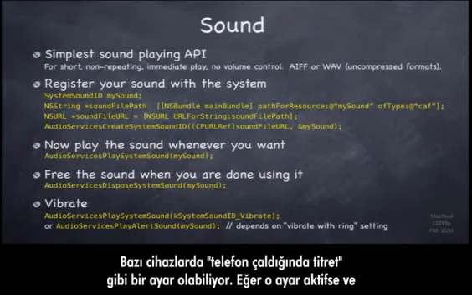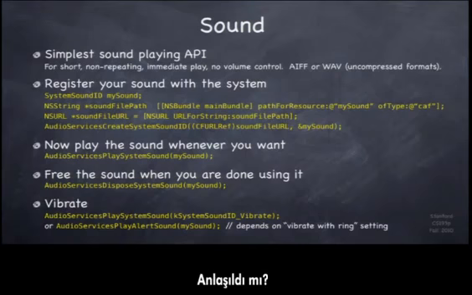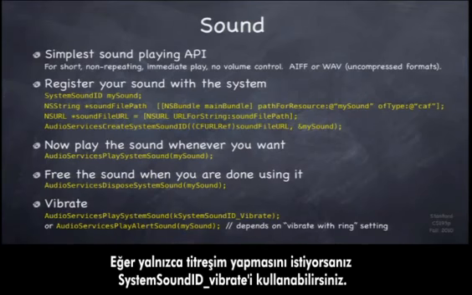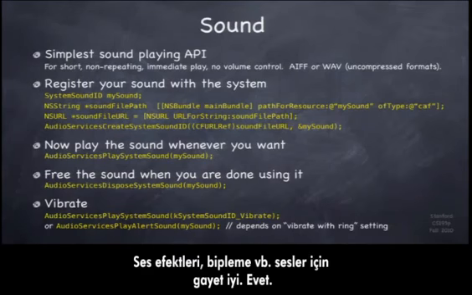Some devices have a setting that says vibrate when the phone rings. Well, if you do that, then on that kind of device, when you call play alert sound, it'll play your sound and also vibrate if that switch is set. You see what I'm saying? But if you just want it to vibrate, you can just do kSystemSoundID_Vibrate. So that's the simplest sound API. Very good for sound effects, beeps and bonks.